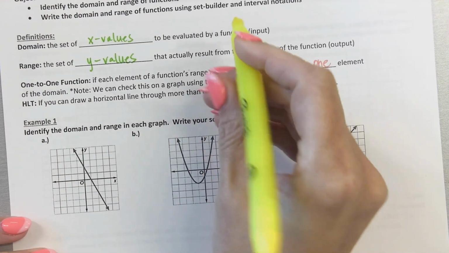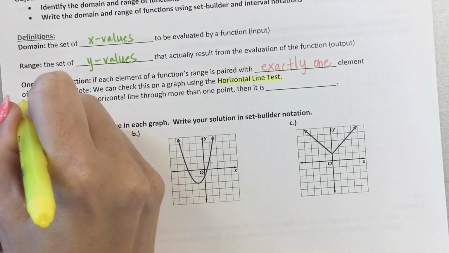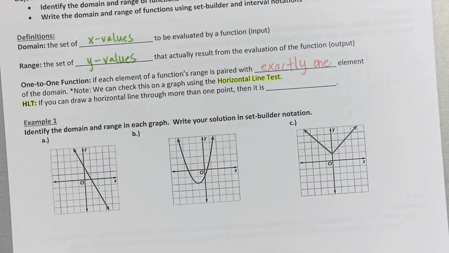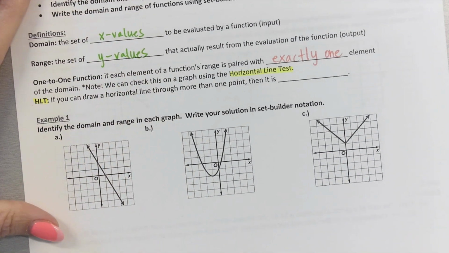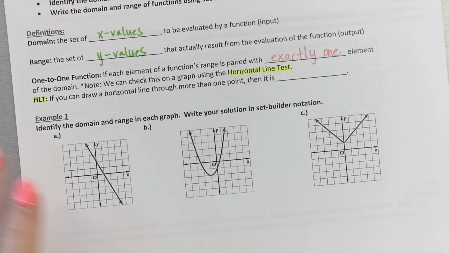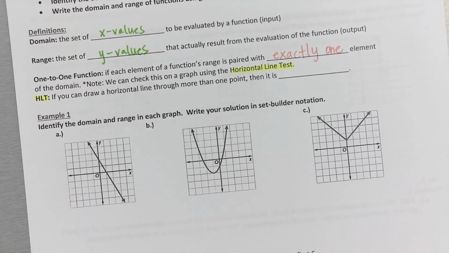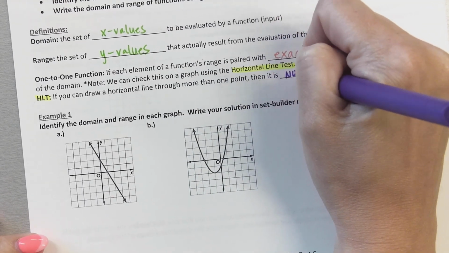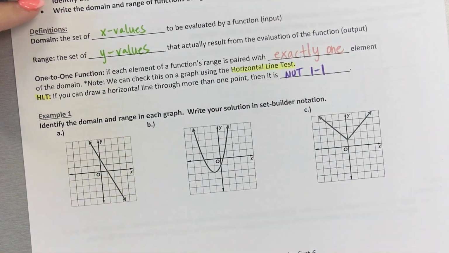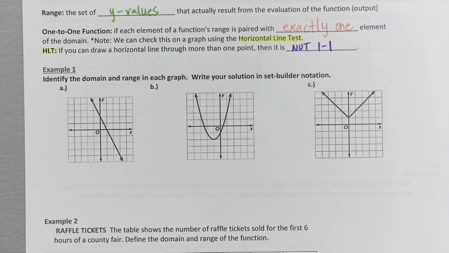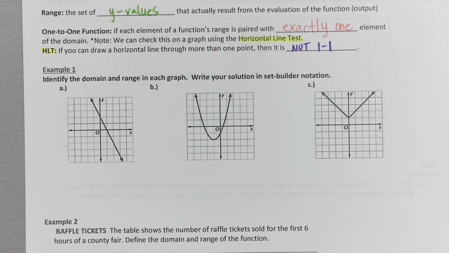I just called it the HLT here. If you can draw a horizontal line through more than one point, then it is not one-to-one. And that's a way to shorthand writing it's not one-to-one.